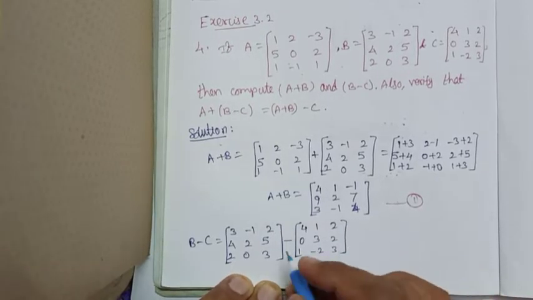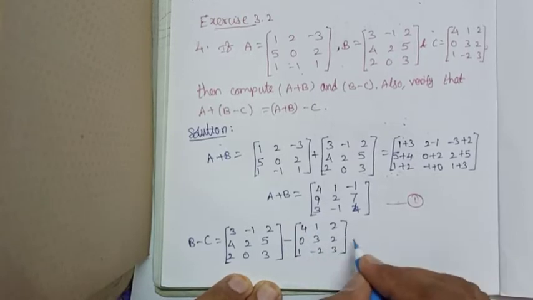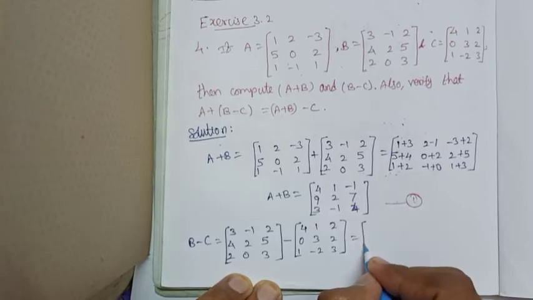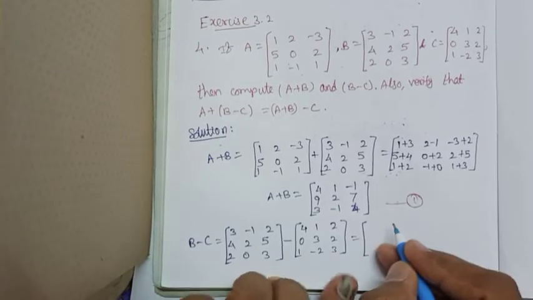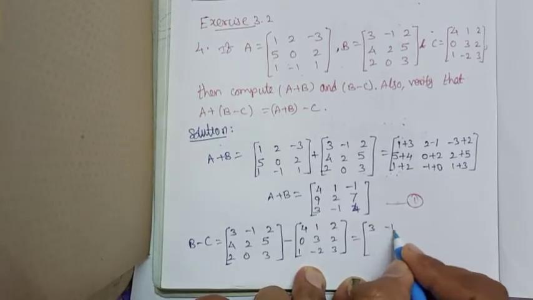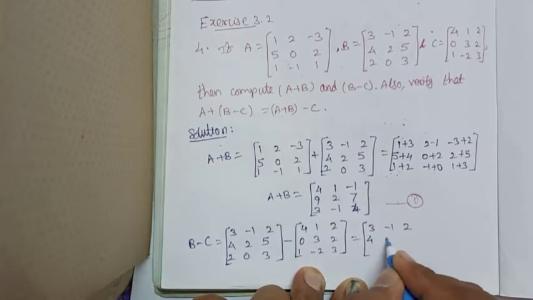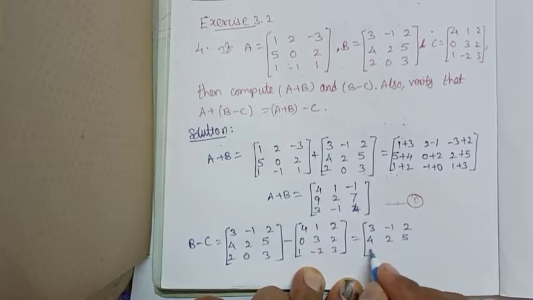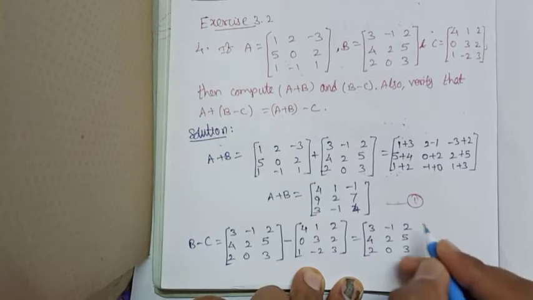You can multiply minus 1 inside the C matrix and solve. So we write the B matrix again: 3, minus 1, 2, 4, 2, 5, and 2, 0, 3.